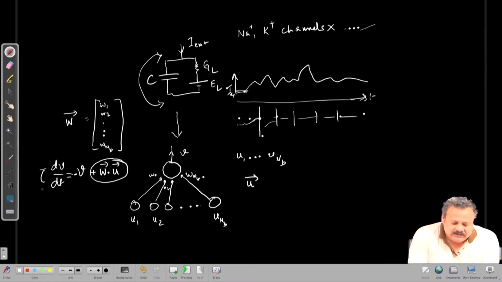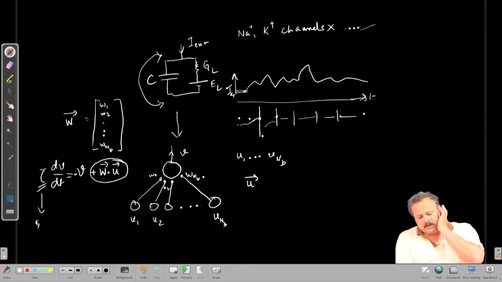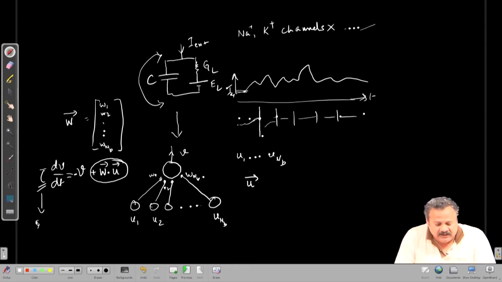Now this time constant of relaxation is extremely small, so it reaches there quite fast, so that dV dt is quickly reaching 0, and in that case our V can be set to be simply the dot product of W times U.